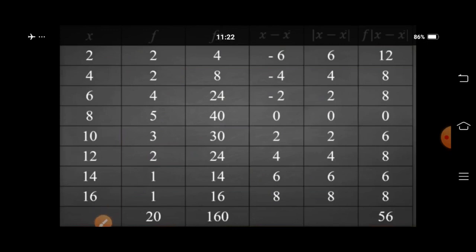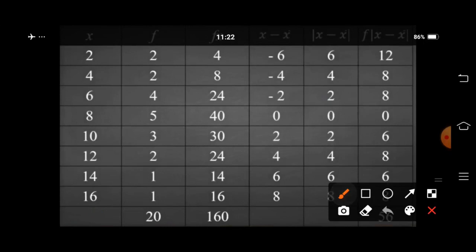Now for this formula we need f into absolute value of x minus x bar. So here we will multiply f and the absolute value of x minus x bar.